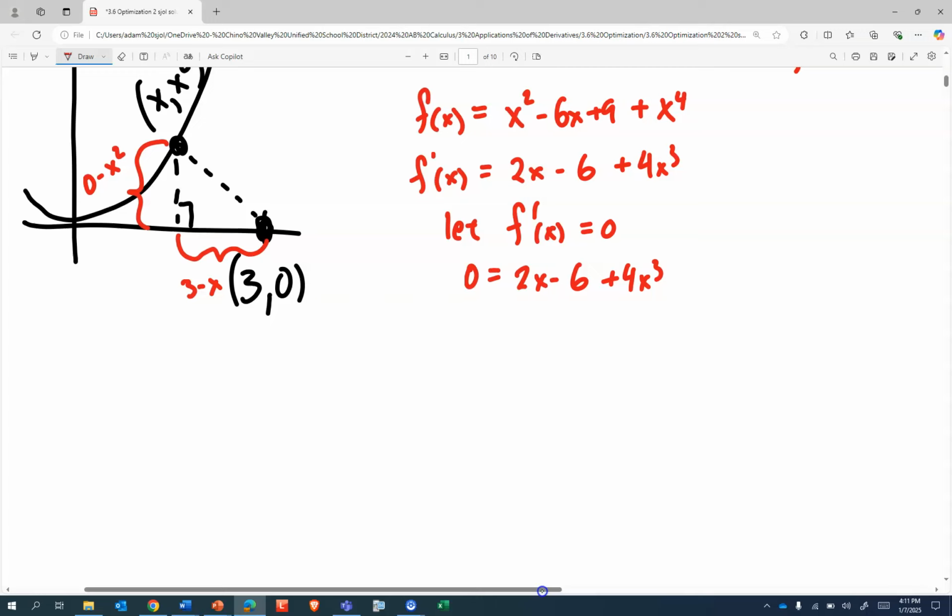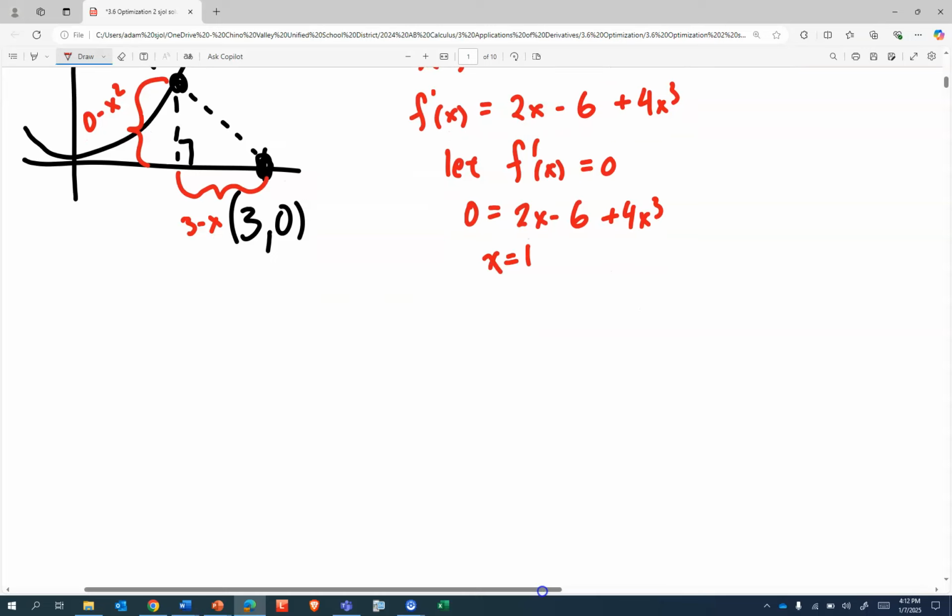This is definitely not a sum or difference of cubes, so all our techniques aren't there. But what I notice is that 2 plus 4 is 6, minus 6 could be 0. Coincidentally, it looks like x equals 1 is going to make this true. So that's pretty obvious: 2 times 1 is 2, minus 6 is negative 4, plus 4 is 0.